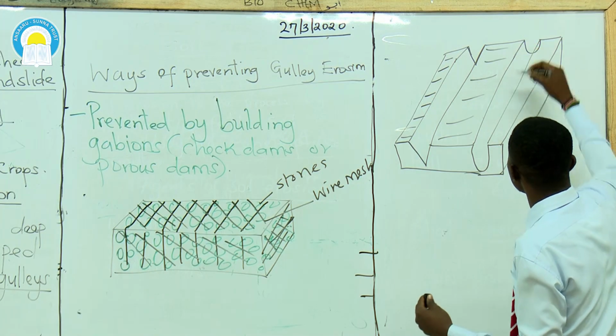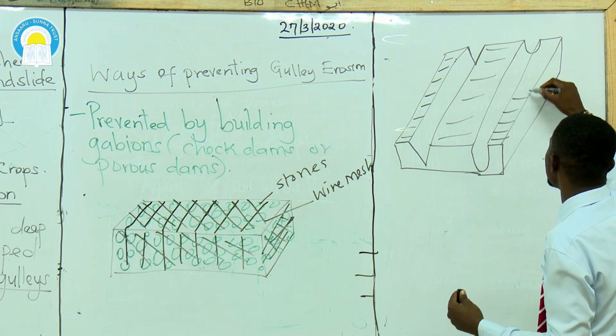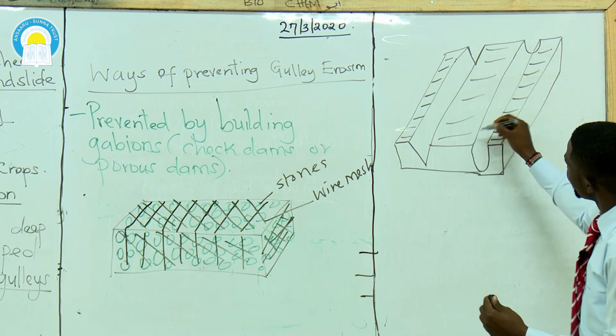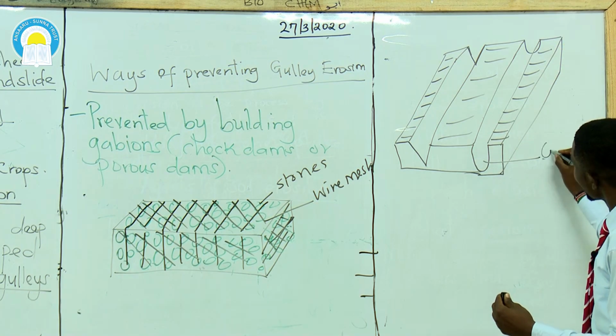You can see the V-shaped and the U-shaped gully.